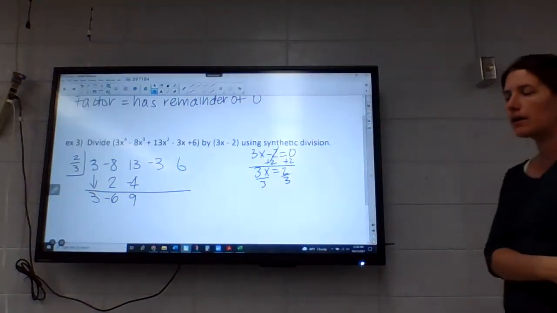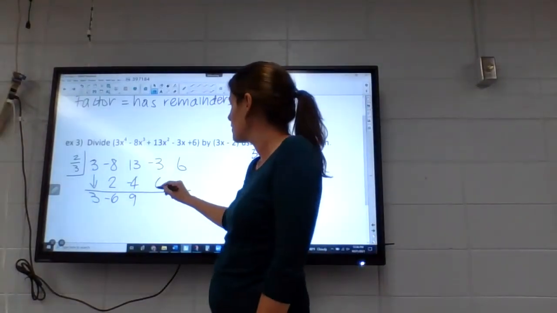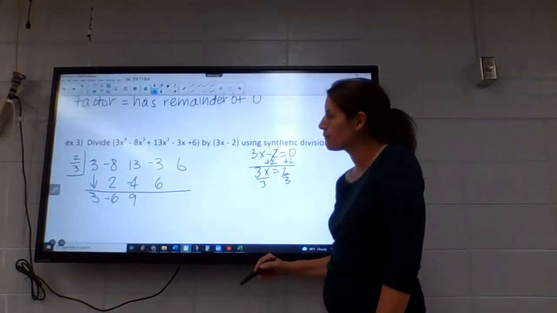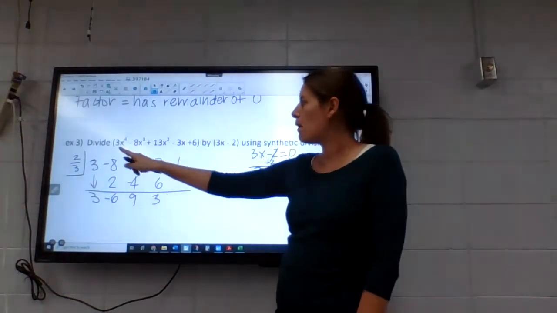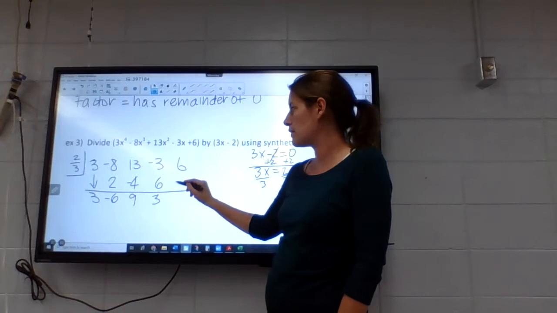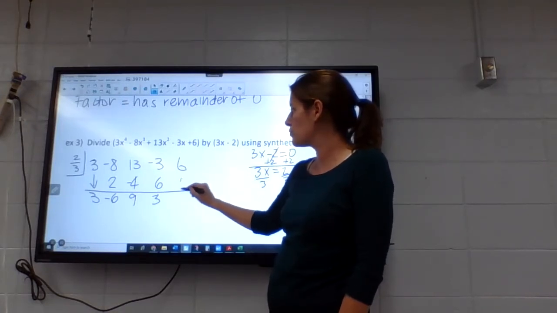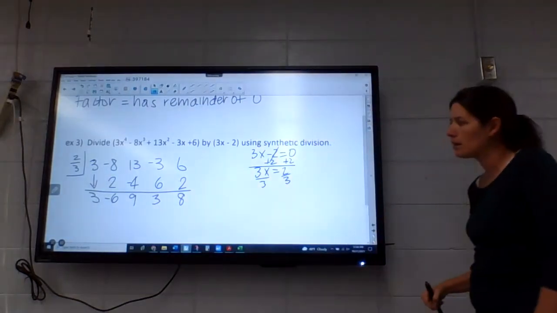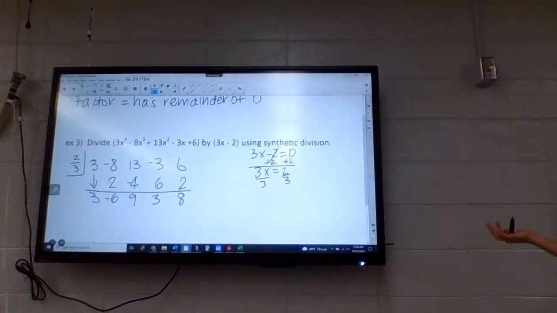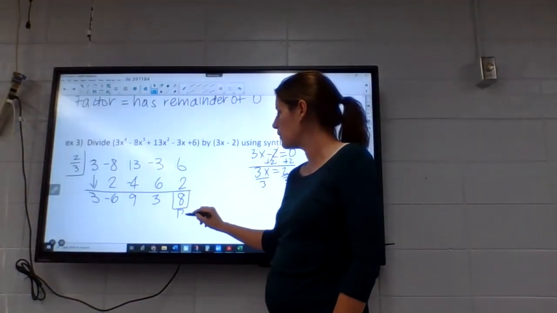I add here, I get 9. Also a nice number, because divide by 3, multiply by 2, 6. Add. Again, the multiplication works out nicely. The 3's cancel and I just get 2. And then I add. So if we're using synthetic division, this is now the remainder.